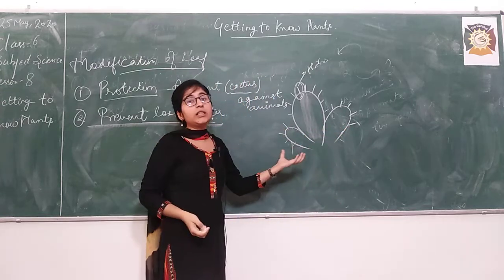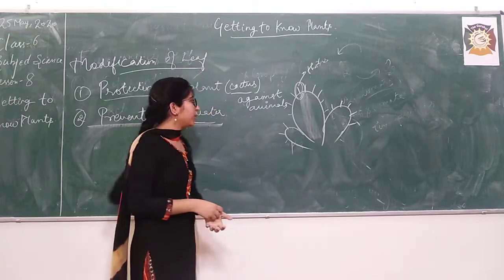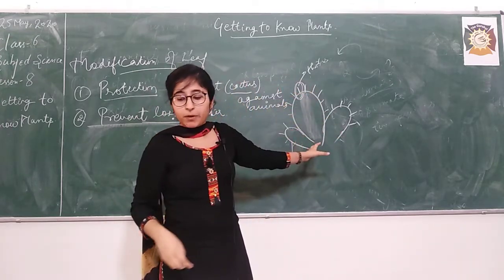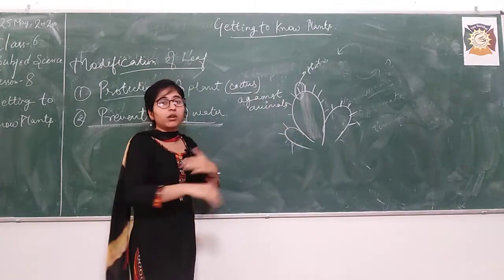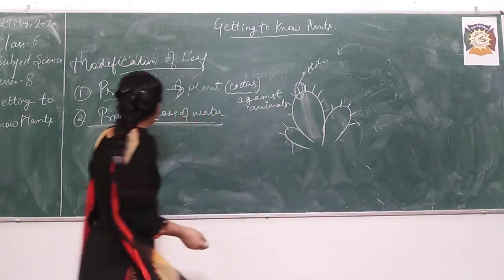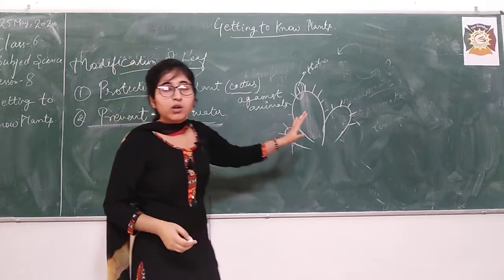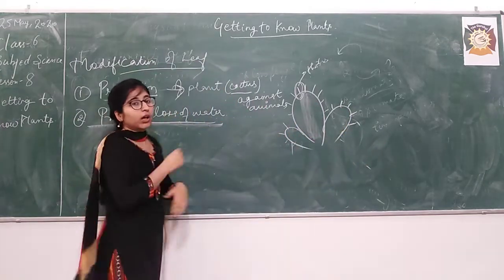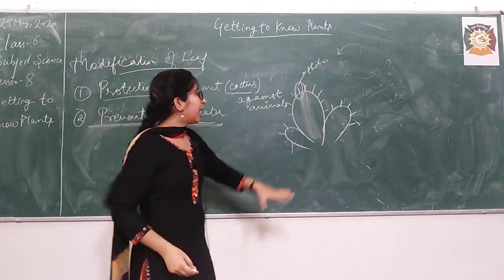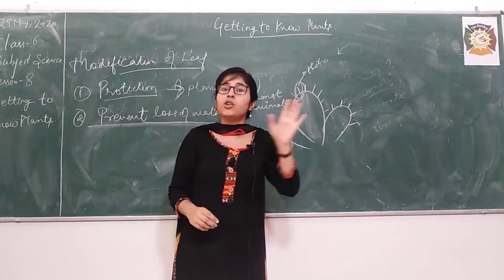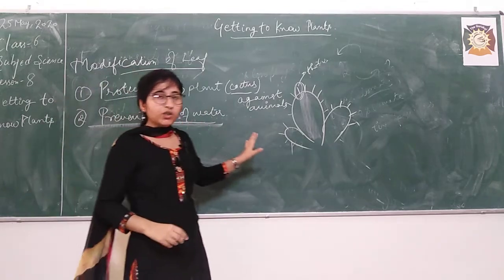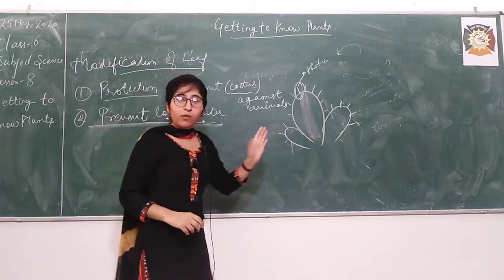This plant will feel a shortage of water. But these thorns present on the cactus plant don't allow the water to go out. So it is preventing loss of water, right? So these thorns don't allow the water to go out so that the plant can survive even in shortage of water. So yes, what is the next modification function? It prevents loss of water.